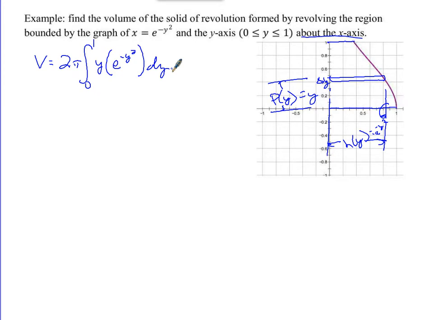Okay, so u is going to be what? Right, we have a y dy here, so solve for y dy, and that gives me negative 1/2 du equals y dy.